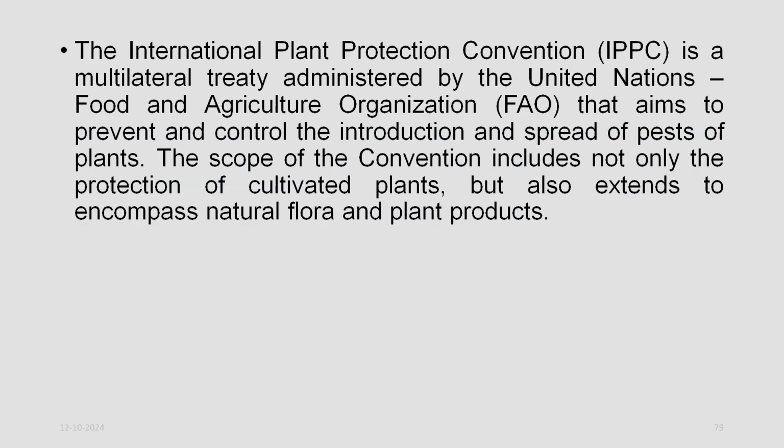The International Plant Protection Convention is a multilateral treaty administered by the United Nations Food and Agriculture Organization that aims to prevent and control the introduction and spread of pests of plants.